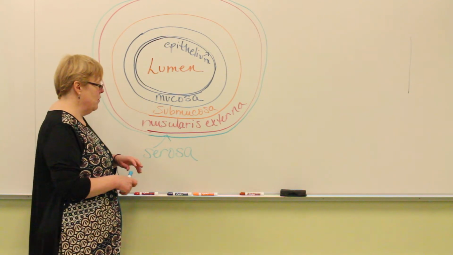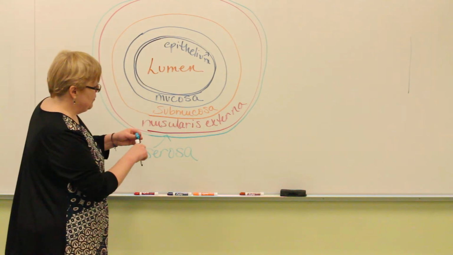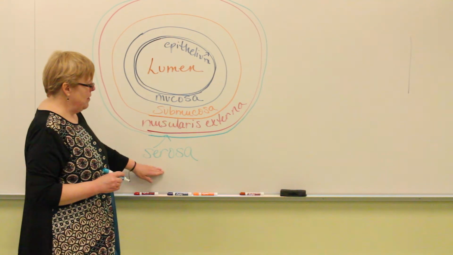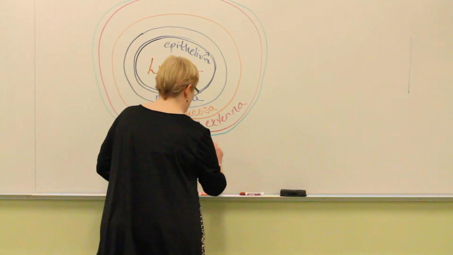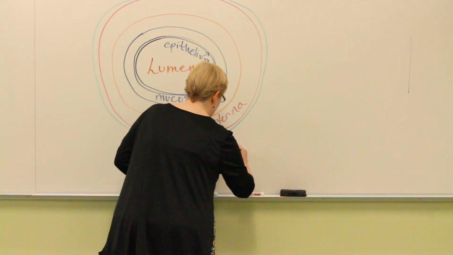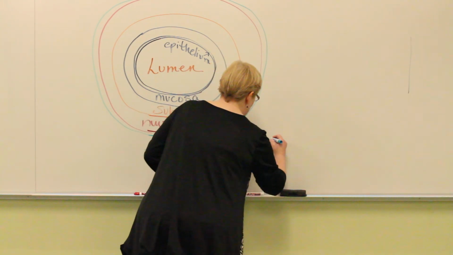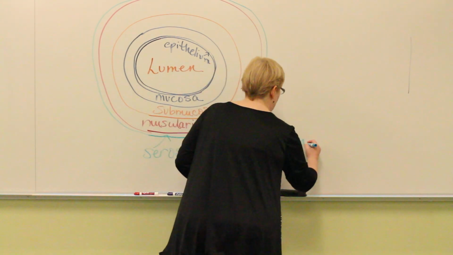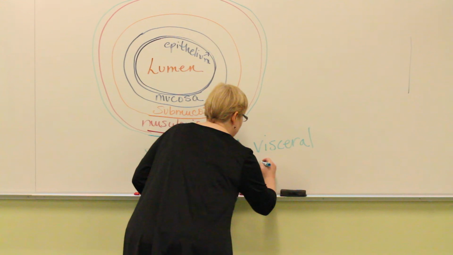Okay, so any organ that is an alimentary organ that's in the abdominal pelvic cavity will have a serosa, and another name for this will be the visceral peritoneum.